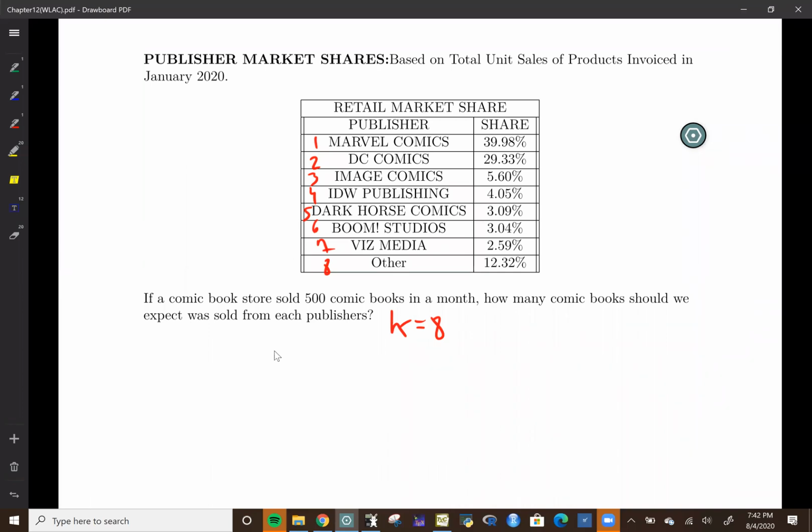So what we're gonna do is find the expected value. If the store sold 500 comic books, we're gonna see how many each one of them should expect to sell.